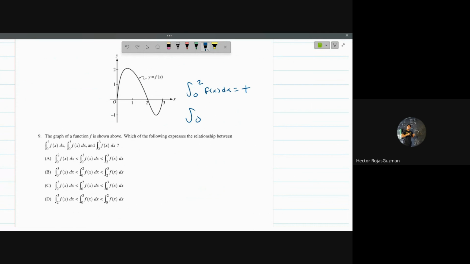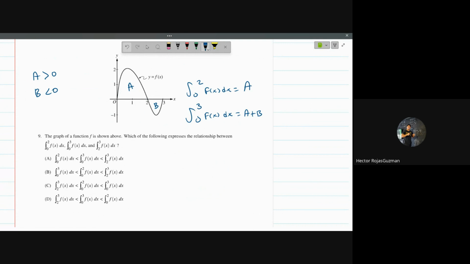So you know what I'm going to do? I'm going to call this region A, and I'm going to call this region B, where A is positive and B is negative. So then the first integral is A. The second integral, I have to write A plus B because I'm already assuming that B is negative, right? Don't put A minus B. B is already negative. Hopefully that doesn't throw you off.